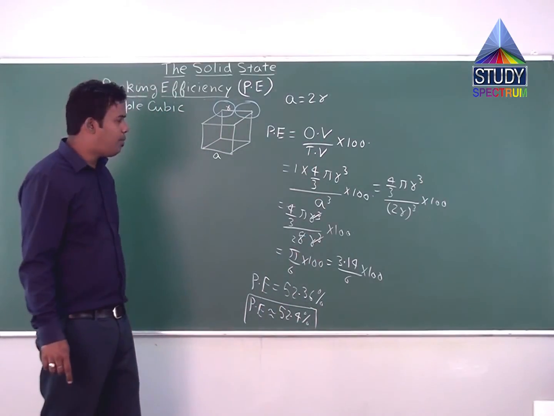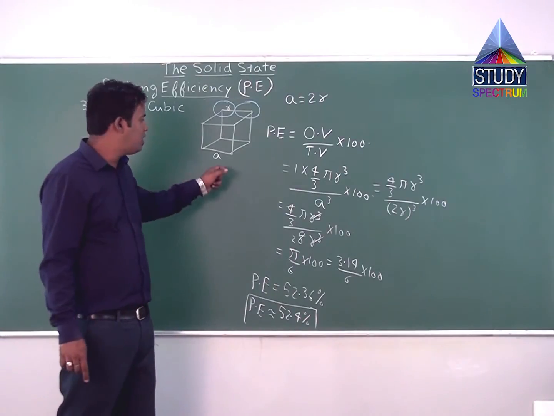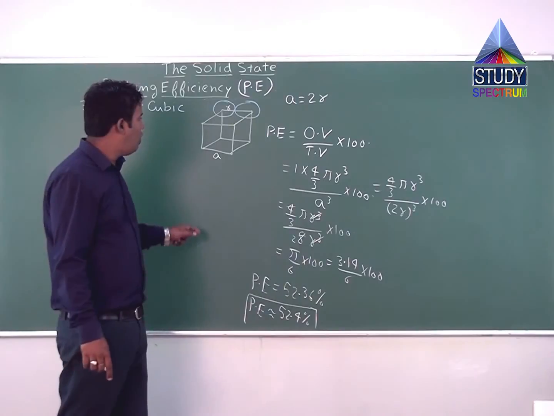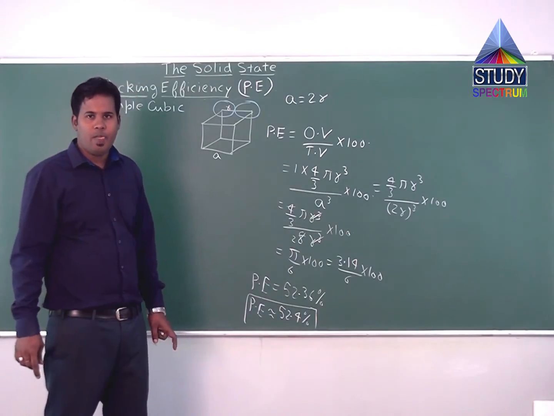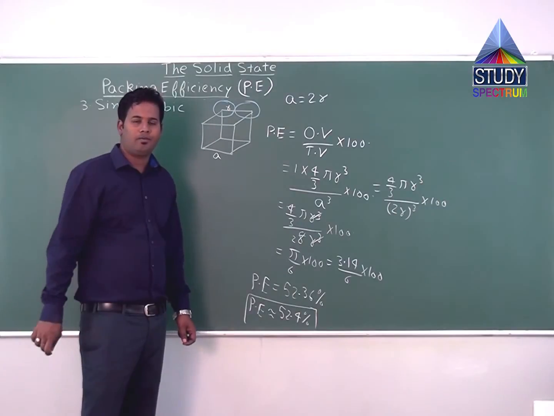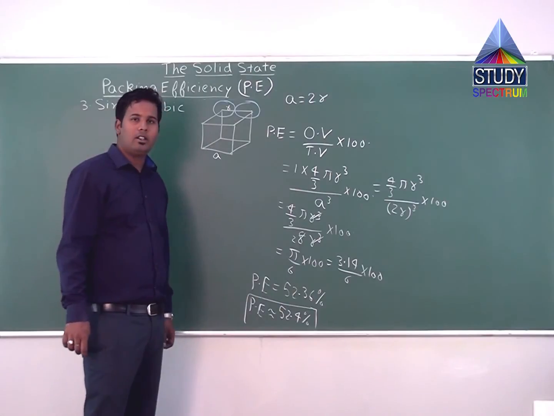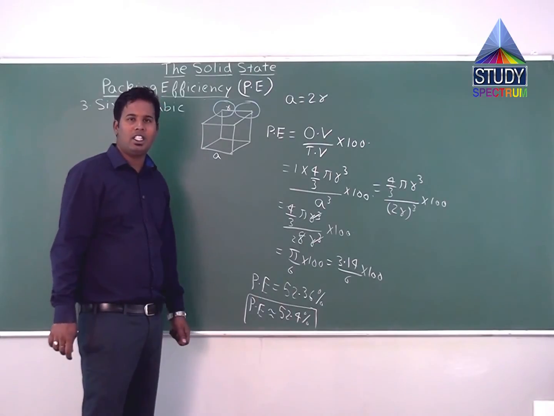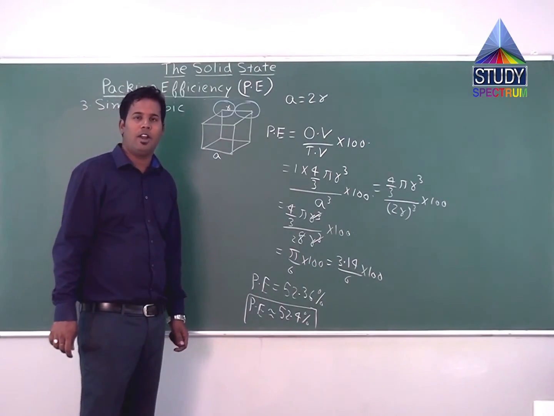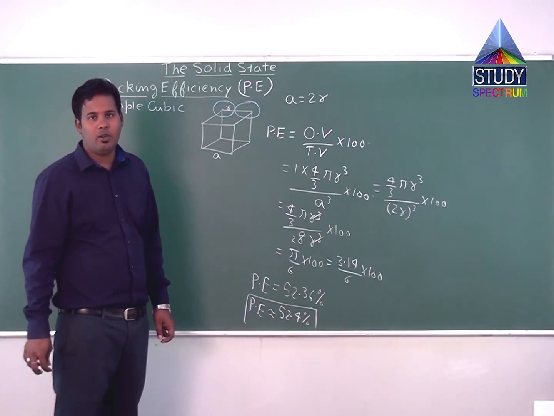Now like every time, packing efficiency is occupied volume of spheres in this unit cell divided by total volume of this unit cell into 100. Now effectively this unit cell contains only one atom. Why? Because the contribution, the part coming inside this unit cell from each corner sphere, is simply 1/8, because each sphere is shared by 8 different unit cells.